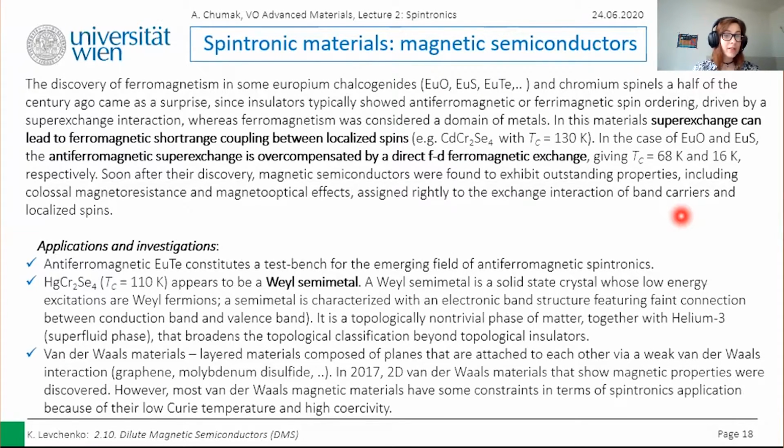Also, it was discovered that some of the magnetic semiconductors are van der Waals materials. So these are layered materials composed of planes that are attached to each other via the rather weak van der Waals forces, like graphene or molybdenum disulfide. And in combination with other 2D materials, they can create new materials that possess a wide variety of attractive properties.